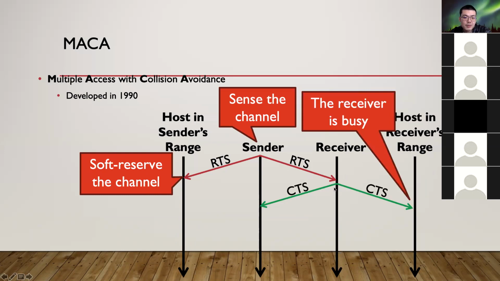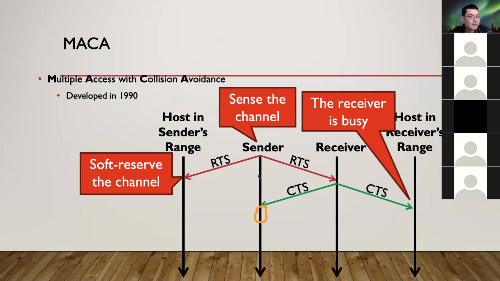But because the receiver will be receiving something, it will send a clear to send, and the sender will send stuff to the receiver. At this time the receiver is busy. This CTS packet should be delivered to the sender, so let's say the destination is the sender.